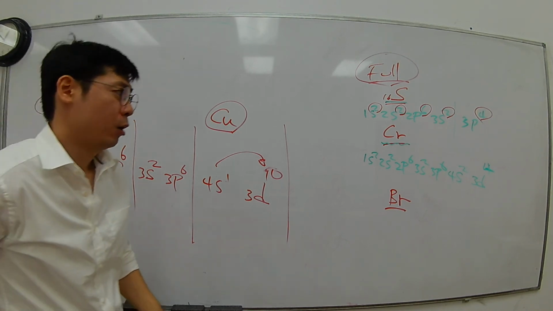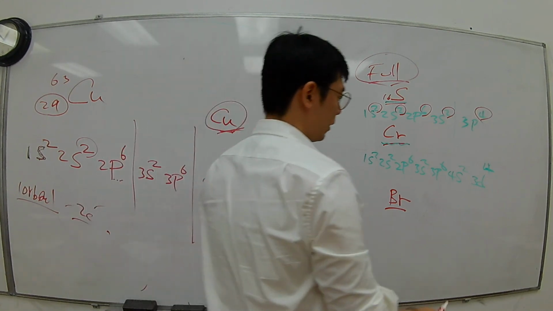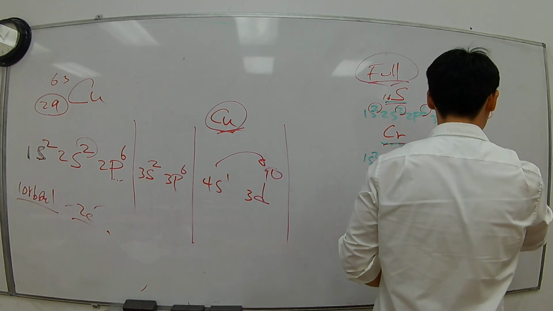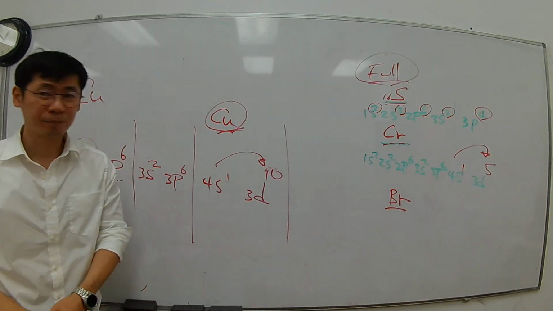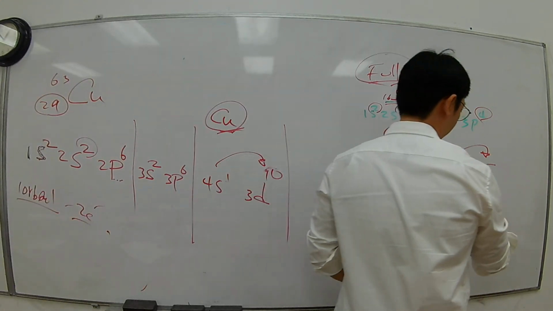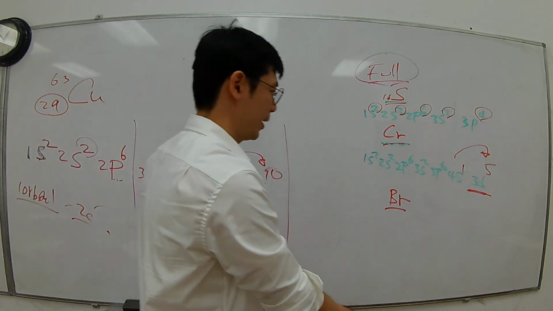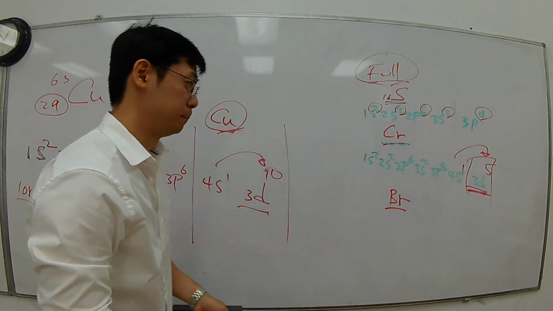But now, one thing to be sure of, just like copper, the actual configuration is 4s1, 3d5. So one electron goes into the d. Why? Listen carefully. If they ever ask you why this happens, your answer must be about electron repulsion.